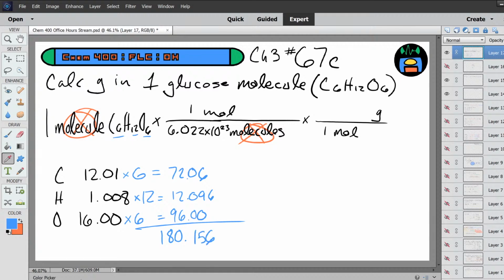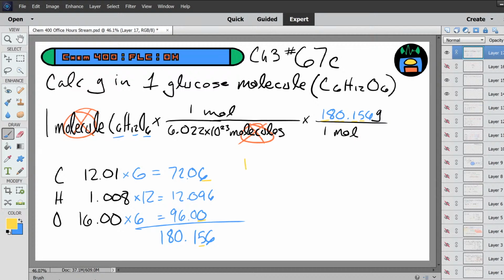Using the numbers that I just used, we'd be limited to the second decimal place. It's not going to matter because we're given 1 molecule. But we can put this up here, 180.156 grams. Again, remembering that this has 5 sig figs.